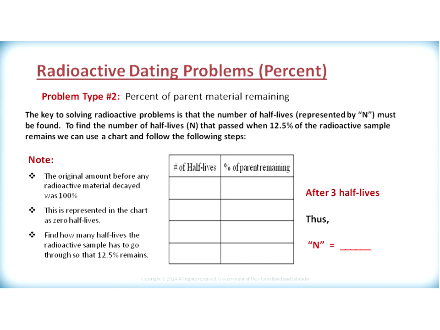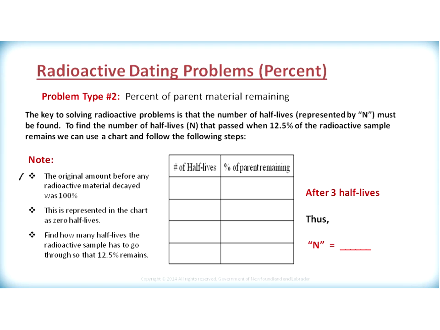The key to solving any radioactive problem, again, is to figure out the number of half-lives, and this is represented by n in the equation. To find the number of half-lives that pass when 12.5% of the radioactive sample remains, we can use a chart and follow the steps.